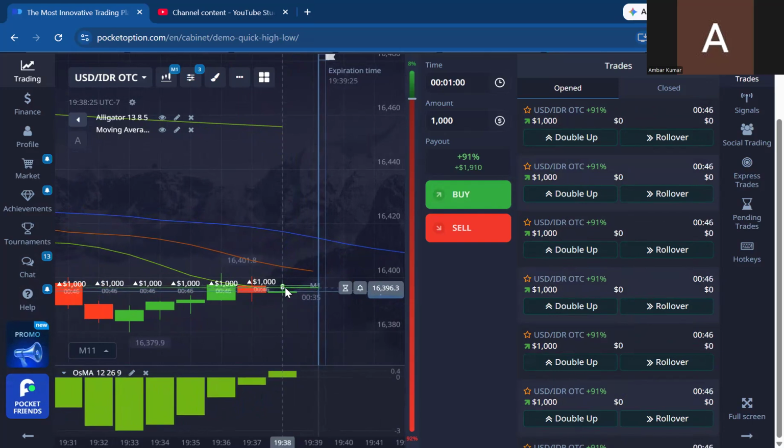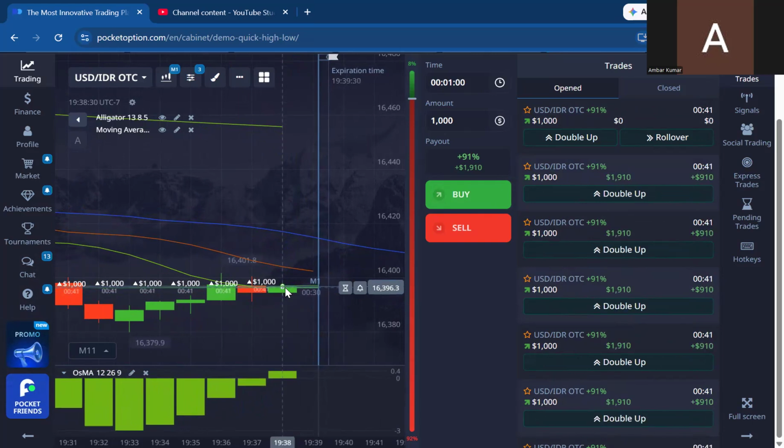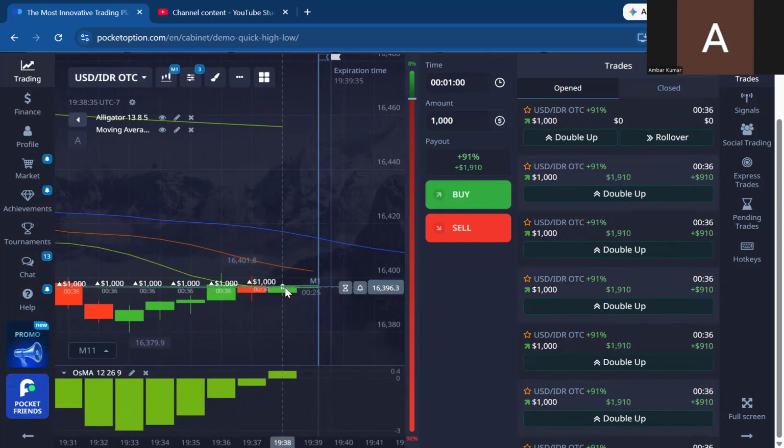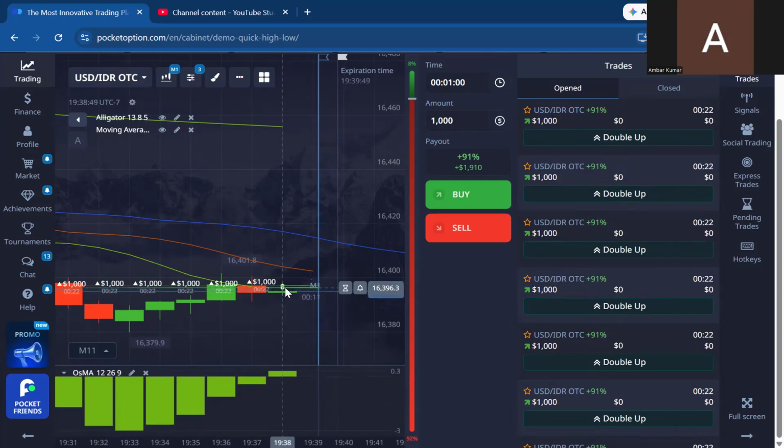I did see a red candle, but I do believe that this will switch to a green candle. With 30 seconds remaining, I do see it switch to a green candle. However, now the green candle is decreasing. Let's see if we can capture some profits.